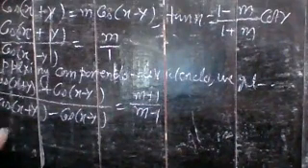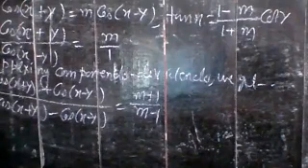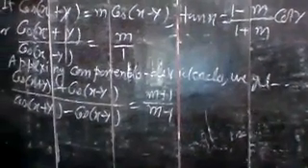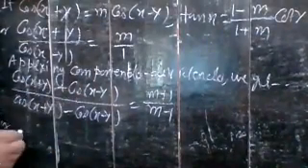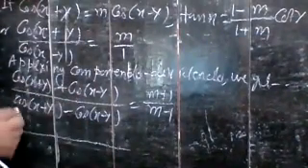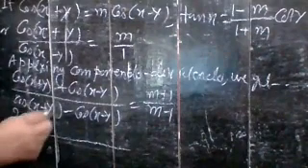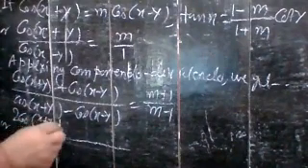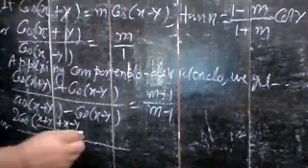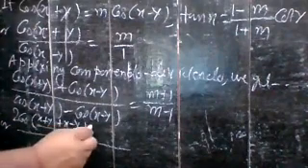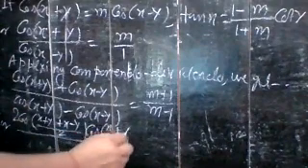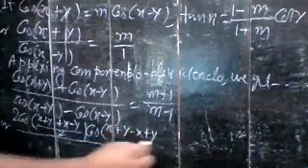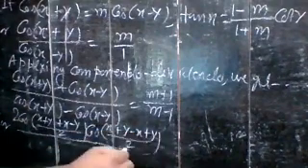Now applying identity. Which identity? Here you apply the formula of cos x plus cos y. So applying it, 2 cos of (x plus y plus x minus y) by 2, and cos of (x plus y minus x plus y) by 2.